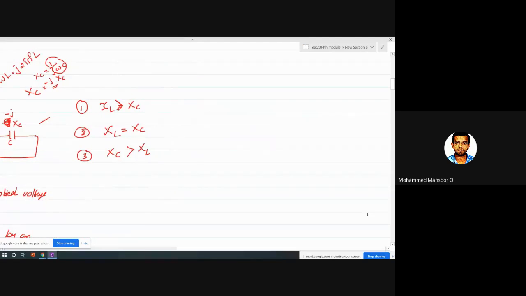If XL is more, what is the impedance? Tell me the answer. R plus j. Let's consider the magnitude. What is Z actually? R plus j XL minus XC, isn't it? So what is the magnitude of Z?